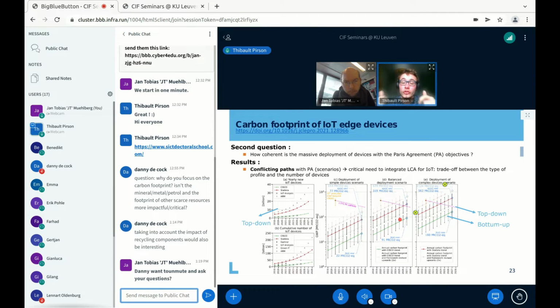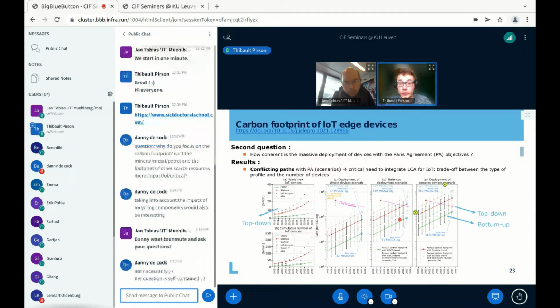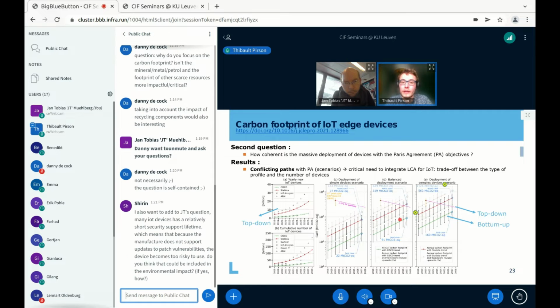We also need to put in place something coherent with environmental targets, because if we do not do that, it will only be a bet on the future, saying we just hope that it will save more than it produces. But how can you make this bet if we cannot quantify?